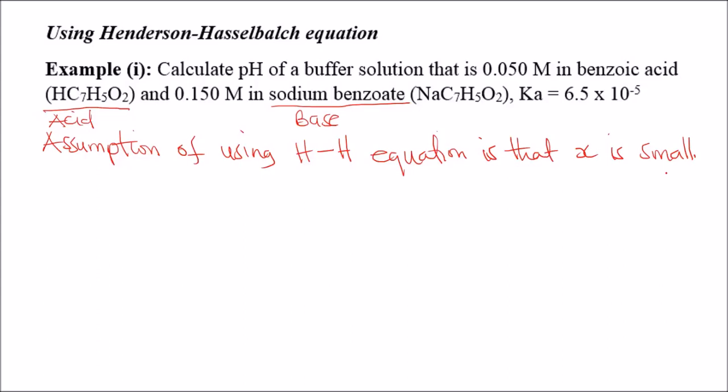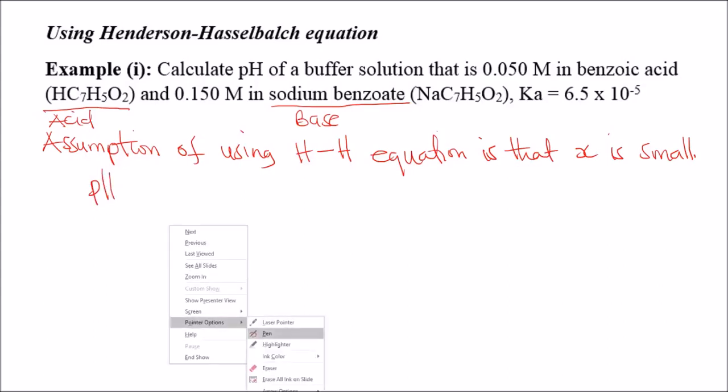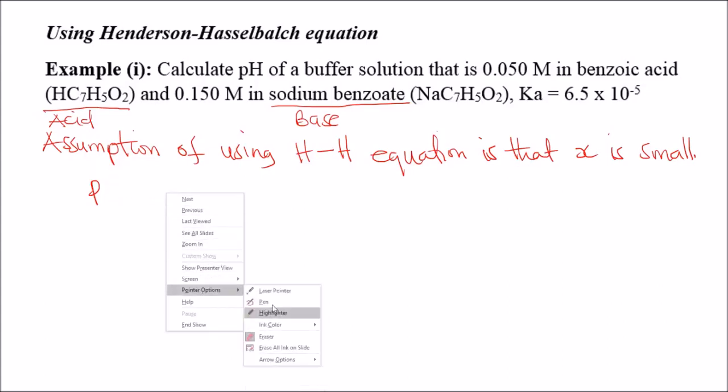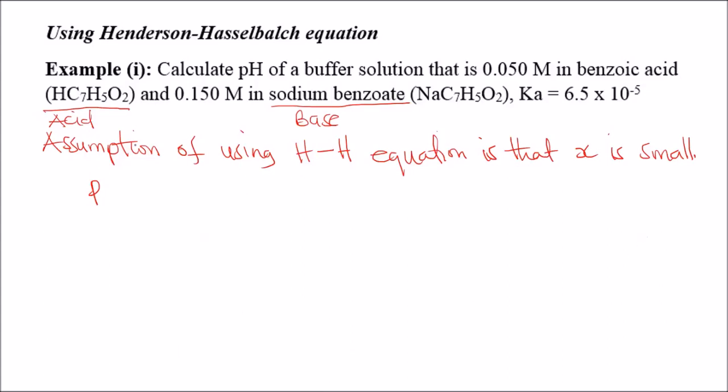So to solve this, we just go straight to our HH equation, the Henderson-Hasselbalch equation, which says that pH is equal to pKa plus log of the concentration of base divided by the concentration of acid.